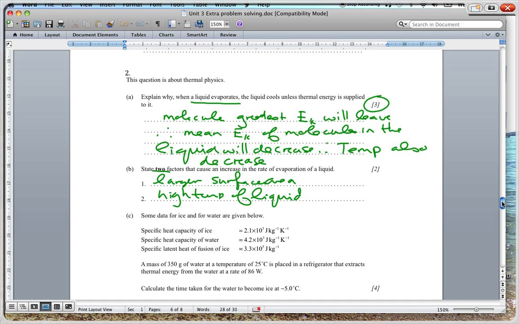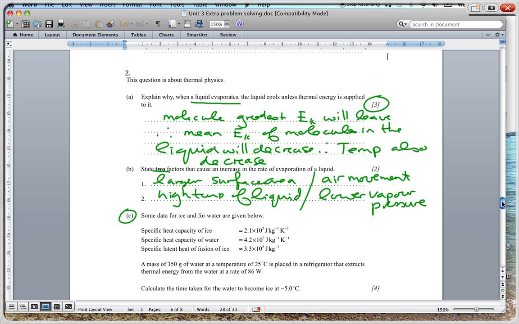Also, if you get a wind blowing over it, so if there is air movement over the liquid, and also a lower vapor pressure, that will also cause the liquid to evaporate more. So any two of those four.